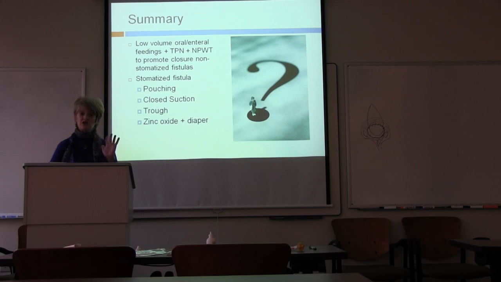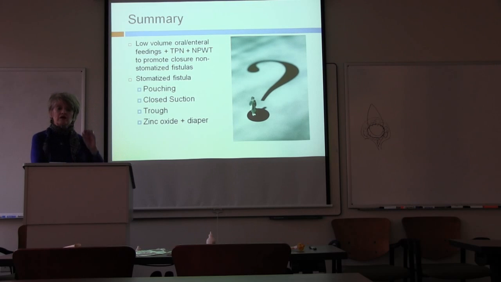Okay, so just to recap, we start out by trying to get a fistula to close spontaneously. If they seem to have the potential for spontaneous closure, there's no evidence of pseudostoma formation, there's no evidence of distal obstruction, there's no evidence of abscess formation.